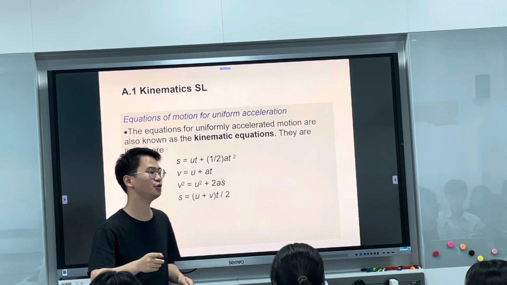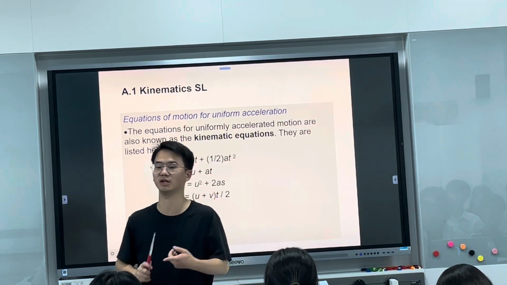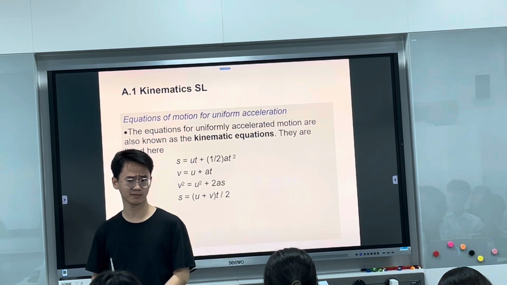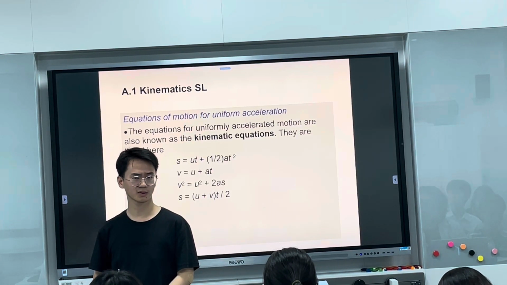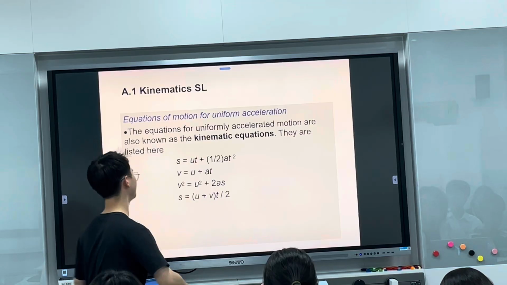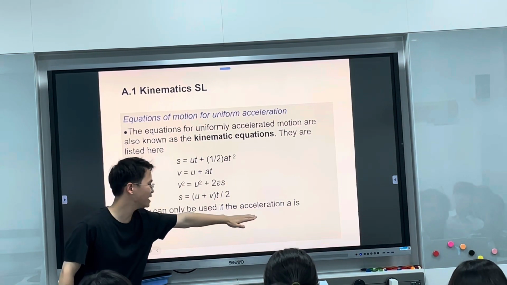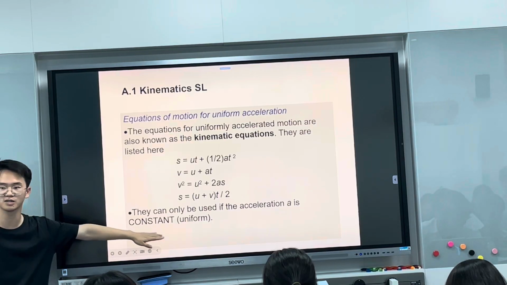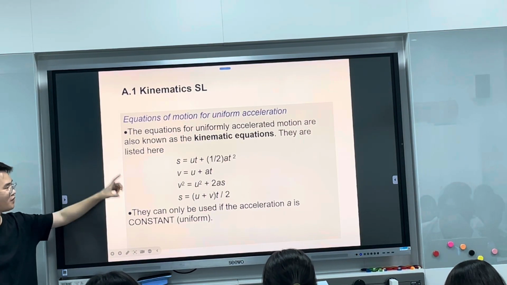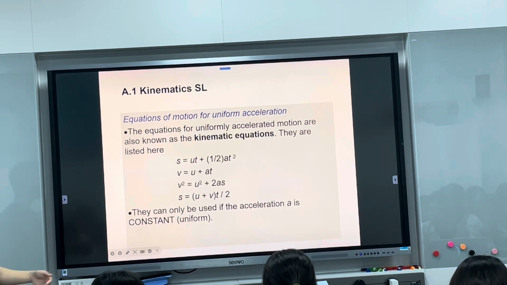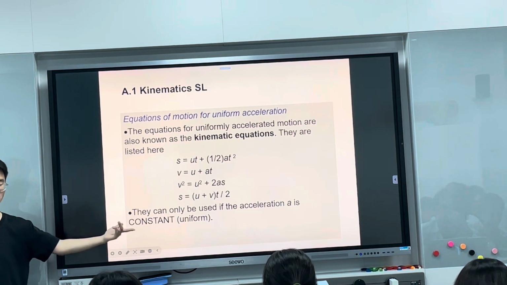So when you apply SUVAT equations, it needs to have acceleration. What else? Just acceleration? Ignore air resistance. Constant acceleration. So they can only be used if the acceleration A is a constant. Okay? SUVAT equations have a limitation. They can only be applied when acceleration is a constant.